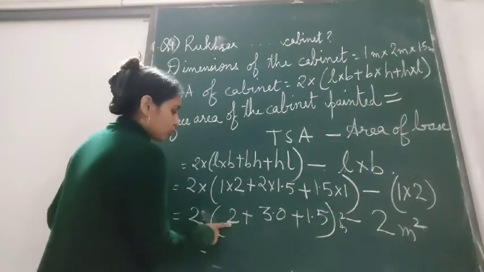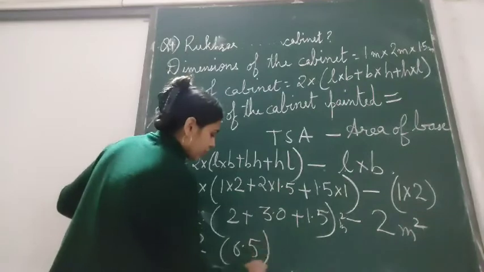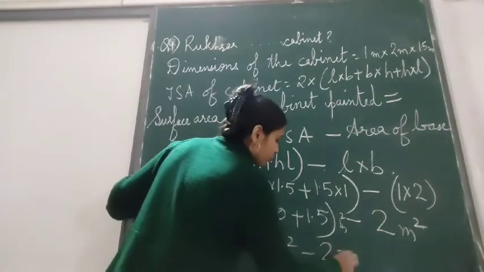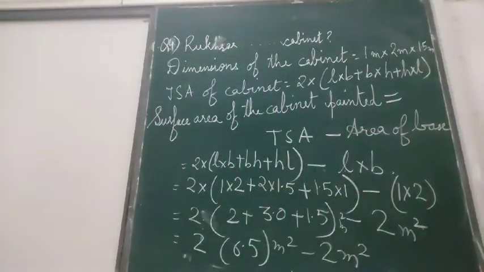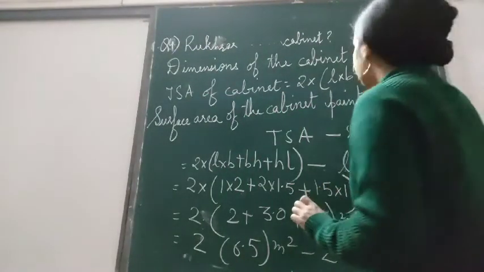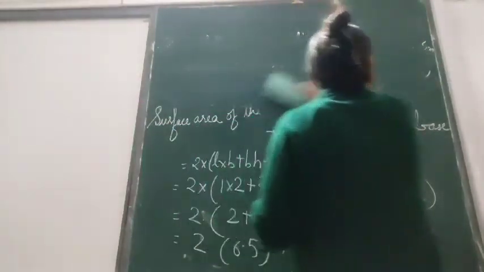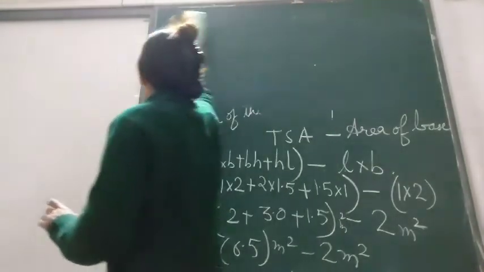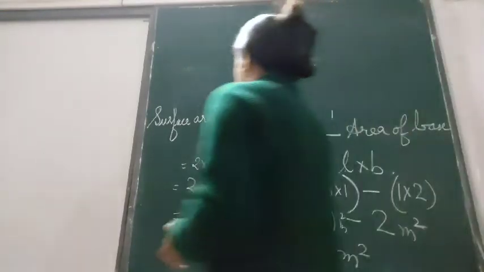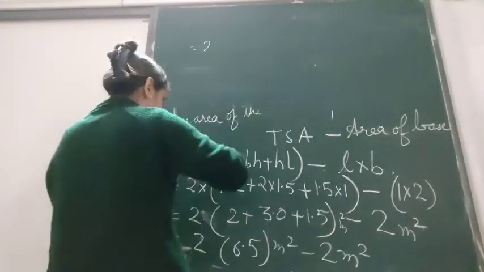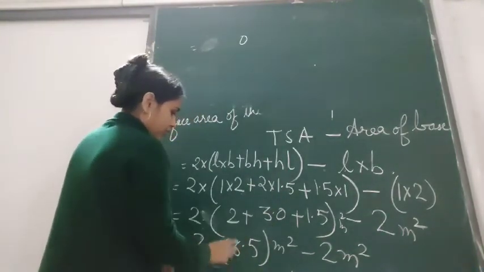This comes out to be 6.5 meter square minus 2 meter square. 6 twos are 12, 13.